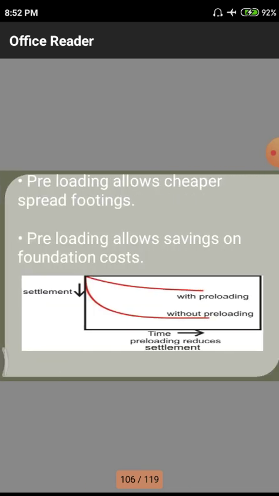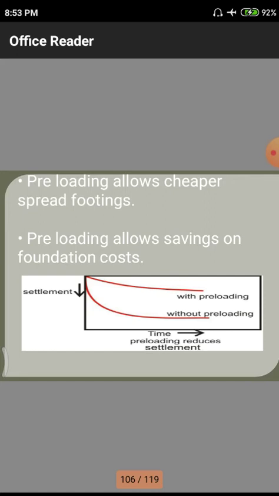This is the graph showing without preloading and with preloading. We have settlement and time. On the x-axis we have time: 1 day, 2 days, 3 days, 4 days and so on. For settlements they use mm, meaning how many millimeters the total land settles.